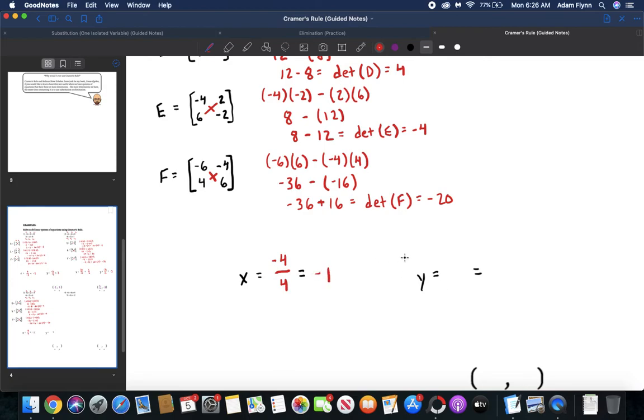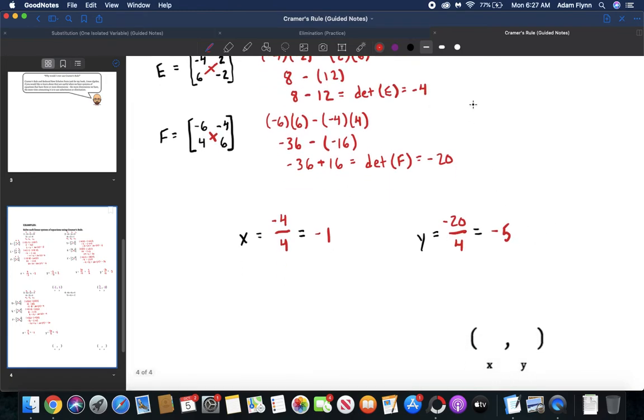And Y is going to be determinant of F divided by the determinant of D. So we've got negative 20 divided by 4, which is going to be negative 5. So the solution to this system of equations is going to be the point negative 1, negative 5.